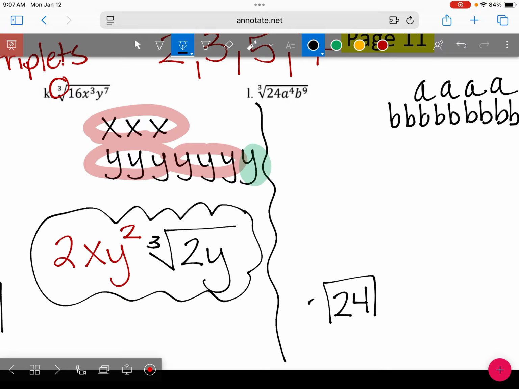All right, so 2 can go into 24 12 times. 2 can go into 12 6 times. 2 can go into 6 3 times.